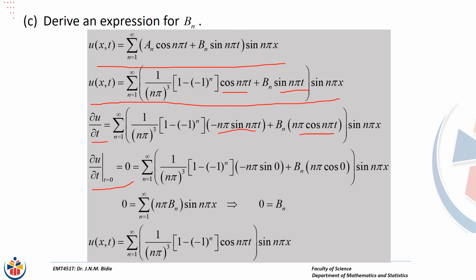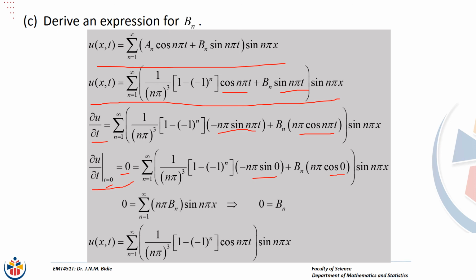And then thereafter equate all of that to 0 as you substitute the value for t to be equal to 0. So wherever there is t, substitute 0 in. That's why I've got sine 0 there and I've got cos 0 there. Remember, we still have that sine n pi x on the outside.